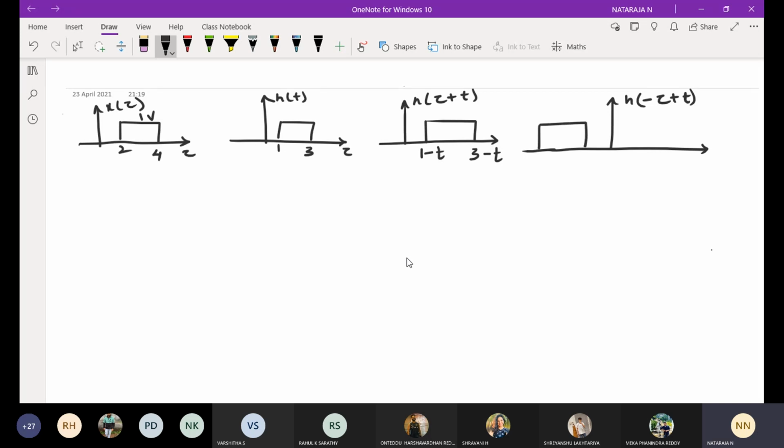On the negative side of the time axis, 1 becomes minus 1 plus t, and 3 becomes minus 3 plus t. Now this is my second signal and this is my first signal. These two need to be multiplied.